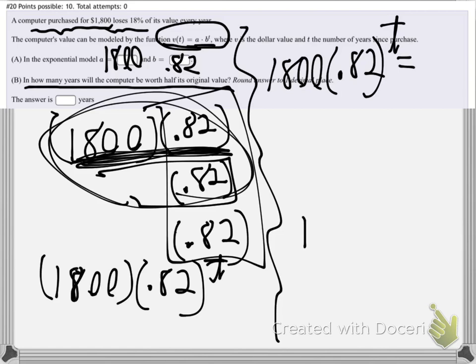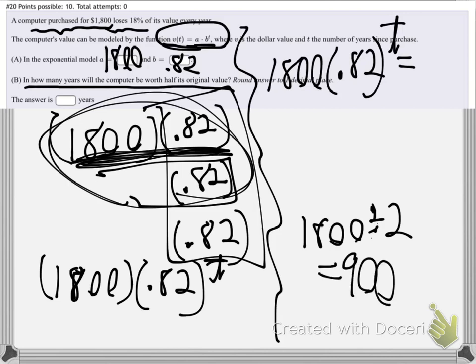Half of the original value is half of 1,800, which is 900. So that's what we'll shoot for: 1,800 times 0.82 to the t power. When does that equal 900?